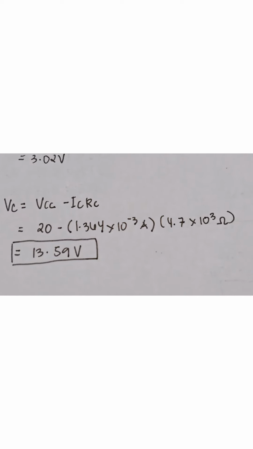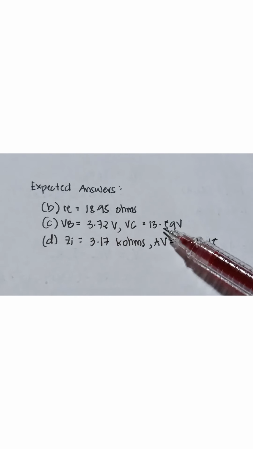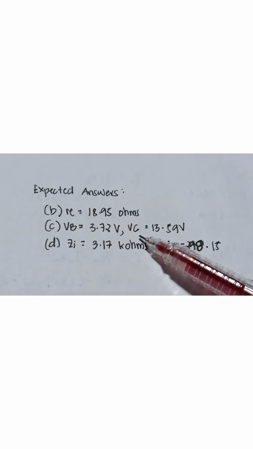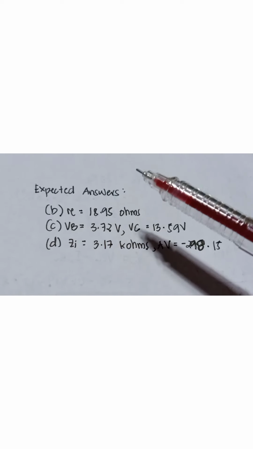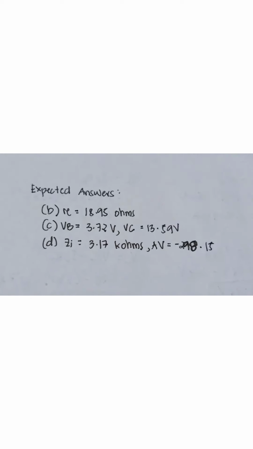So the value for VC is 13.59 volts. So the base voltage and collector voltage that we have are the same as the expected answers given, which are 3.72 volts and 13.59 volts.